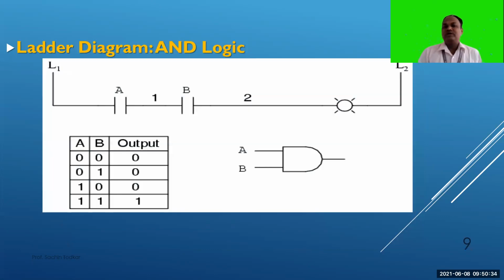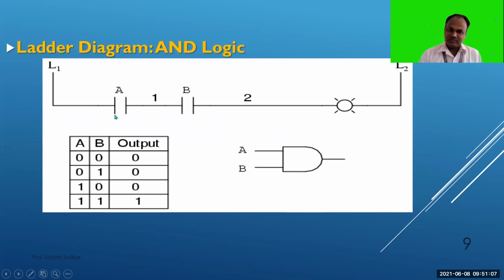Now we will see one by one the logic of different gates. We know the AND gate. If A and B inputs are both 0, then your output will be 0, because these are normally open buttons, and if the input is 0 there is no change in the normally open button, so the output is 0.